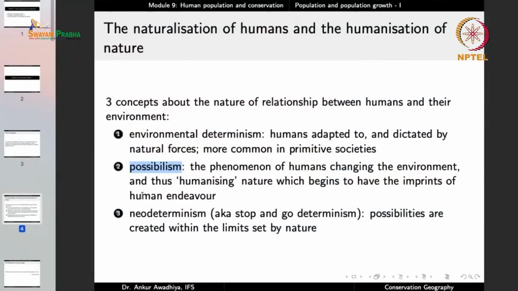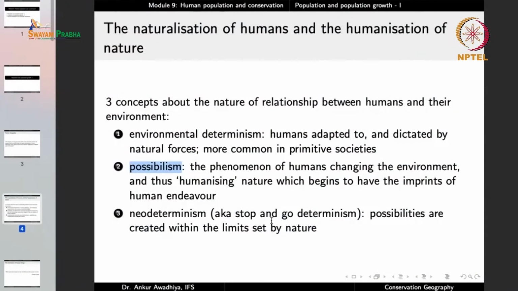So this is Possibilism, that it is possible for humans to change nature, and in certain cases it was even said that it is the duty of humans to change nature, to dominate nature. And in this stage we started to observe large imprints of human activity over nature.